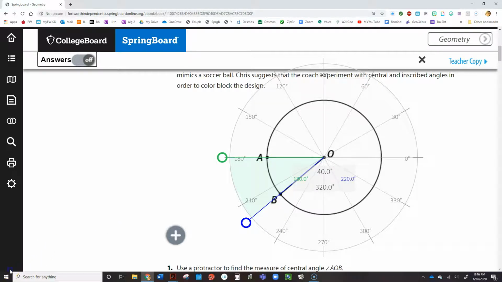I think my drawing tool is on. So I'm going to put a dot. It doesn't like my pen, but I think it will let my mouse do it. Isn't that dumb? It doesn't like my pen.